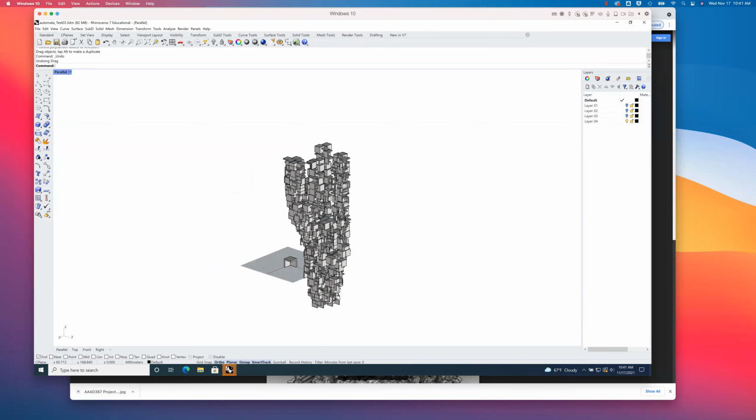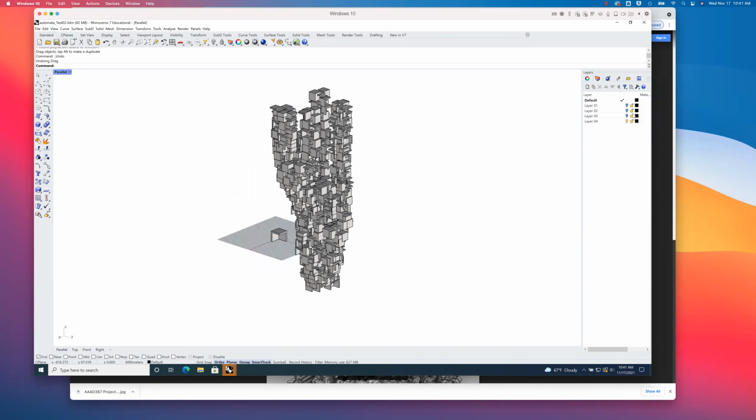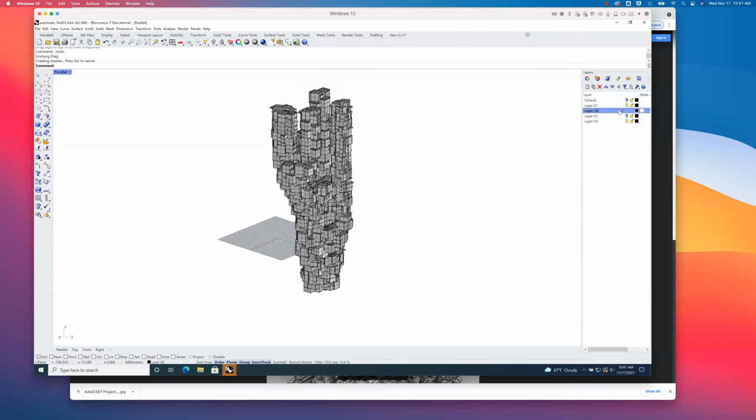But then, even running the same rules, changing a few of the parameters in the Grasshopper script, I can begin to add rotation. I can begin to jumble things together with some randomness, some jittering.